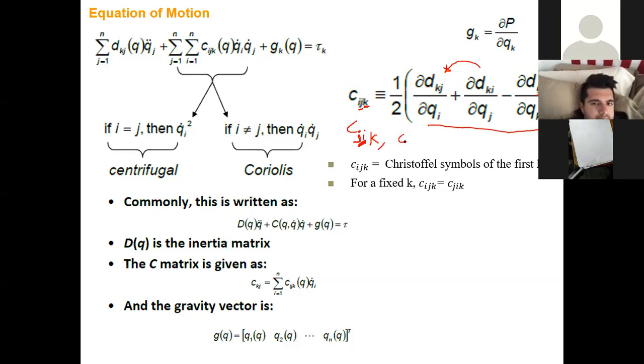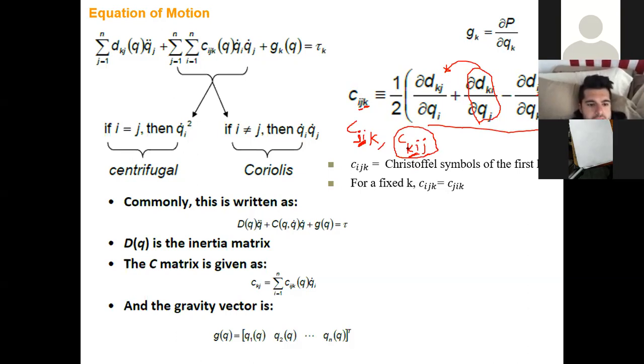So if we have, let's say, Ckij, then which term will be minus? ki over j will be minus. So it's always the last one that'll be minus. Make sense? Yeah, I believe so.